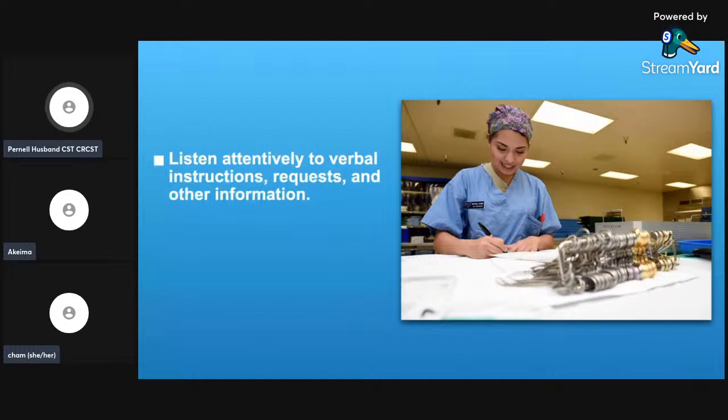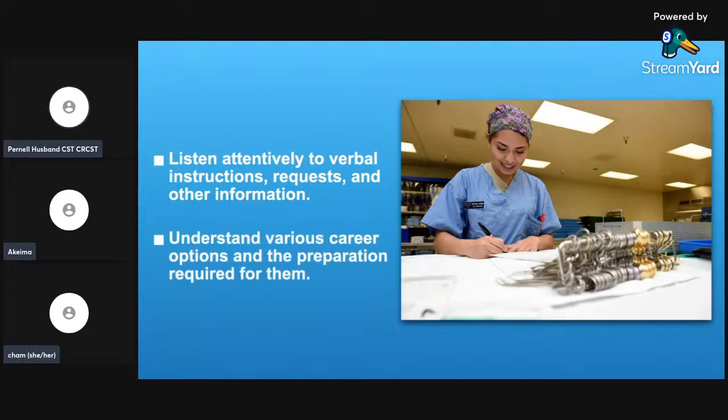Listening attentively to verbal instructions and requests from your supervisor and other information is critically important in this area, as it is in all other areas. Understanding various career options and the preparation required for them. The one thing that I will say about this particular field is that there is a career ladder and it goes way up.